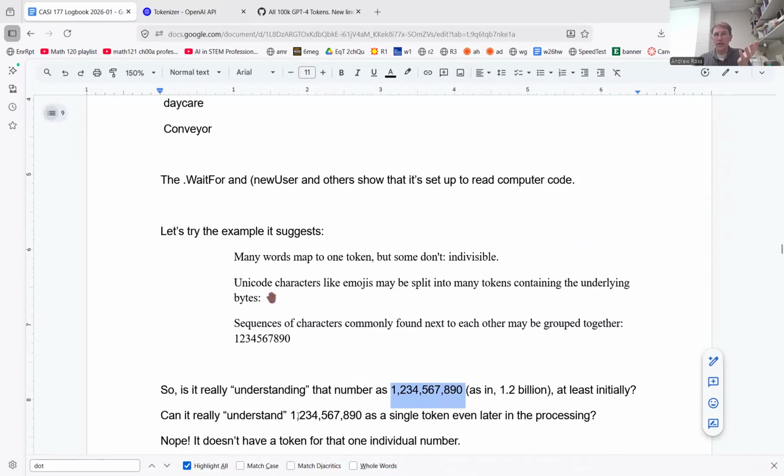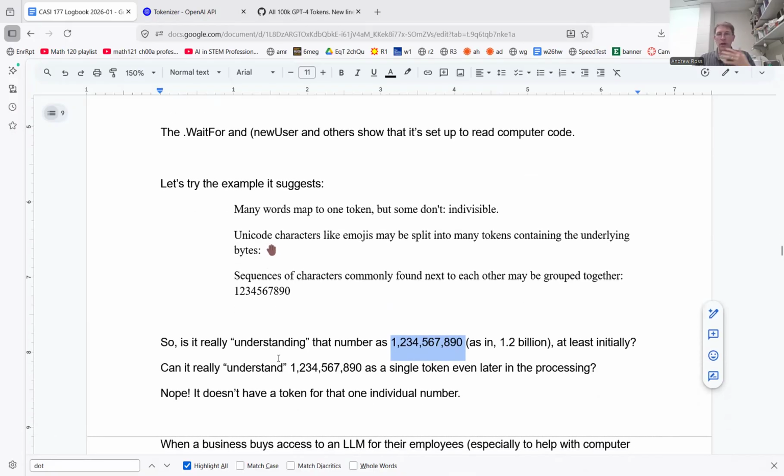Can it even understand that number as a single token even later in the processing? No, it doesn't have a token for the individual number 1,234,000,000, et cetera. So that tells us that maybe we shouldn't trust LLMs to tokenize numbers in a way that makes a lot of sense and is arithmetically sound.